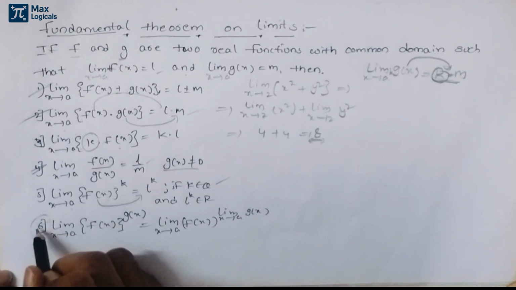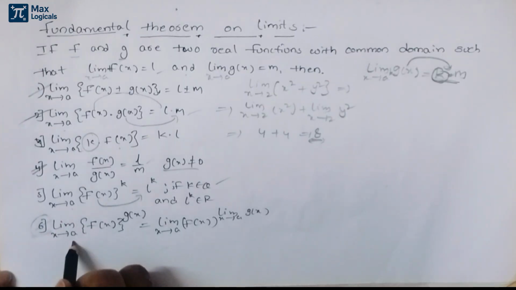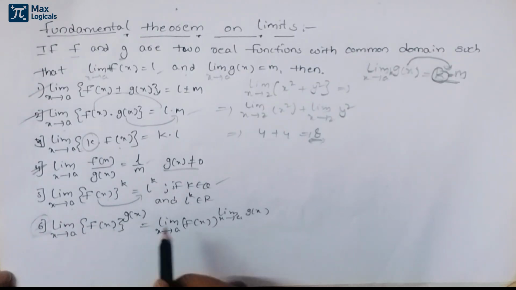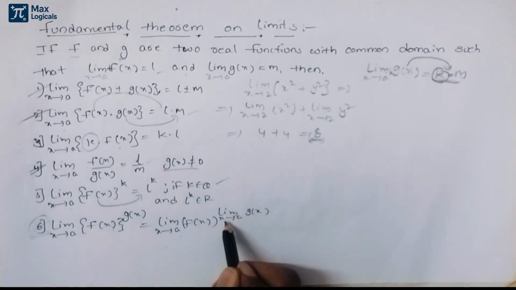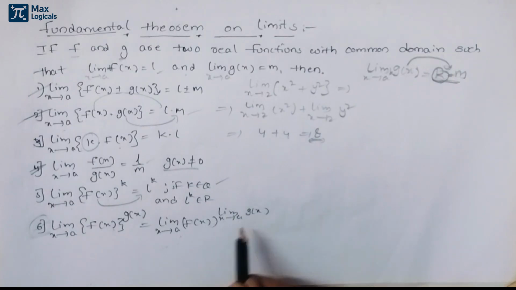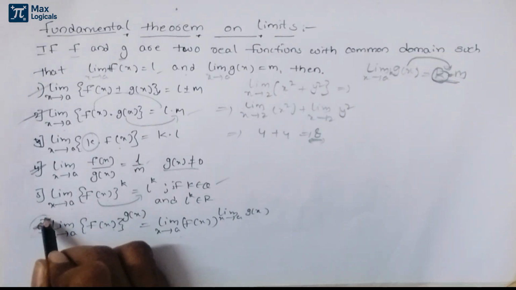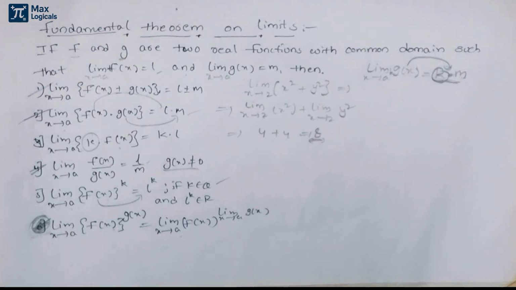And next, the limit as x tends to a of f of x whole power g of x equals the limit of f of x whole power the limit of g of x. This is very important for finding limits.